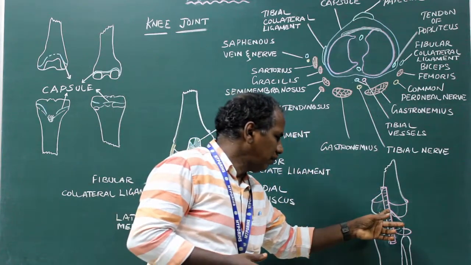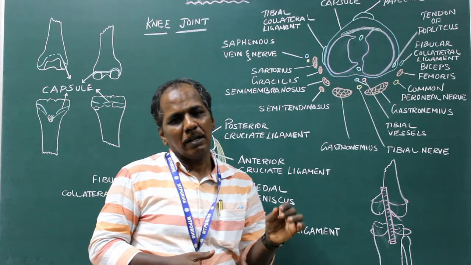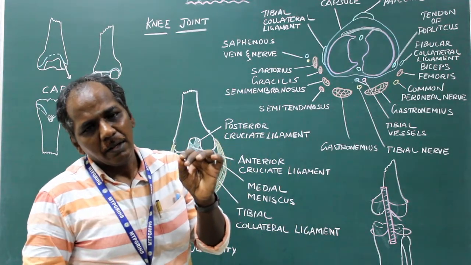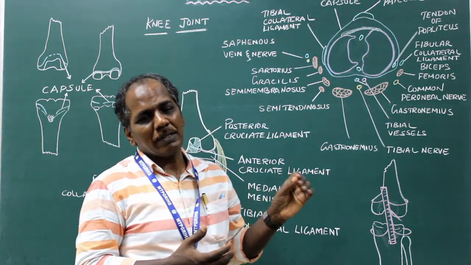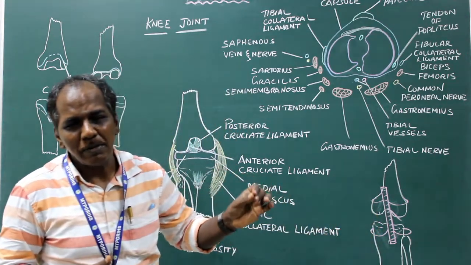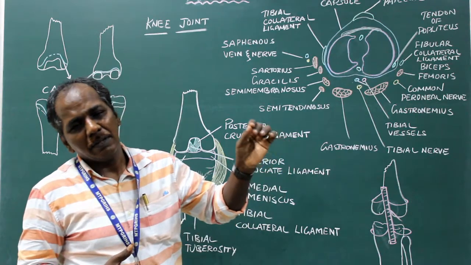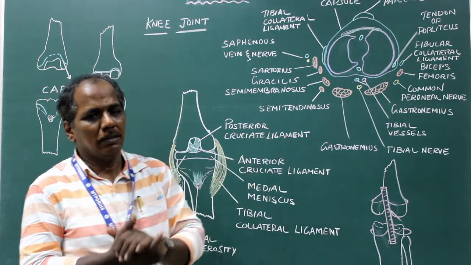Number 5, middle genicular artery. Number 6, descending genicular artery, that is a branch from the femoral artery. So these are the blood vessels which supply the knee joint. So this forms an anastomosis around the knee joint. So the arteries which form the anastomosis around the knee joint supply the knee joint.